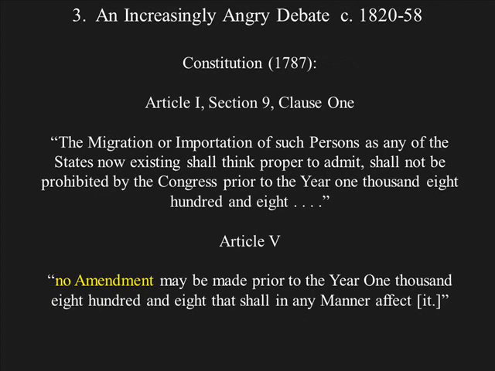The clause that talks about importation calls them such persons as the states now existing shall think proper to admit, which is like a big scientific term. Everybody knew what it meant. It meant slaves. The migration or importation of new slaves shall not be prohibited by Congress until 1808, 20 years later.